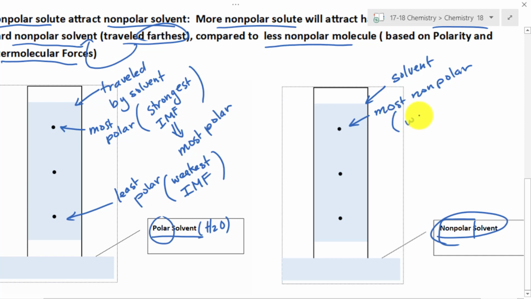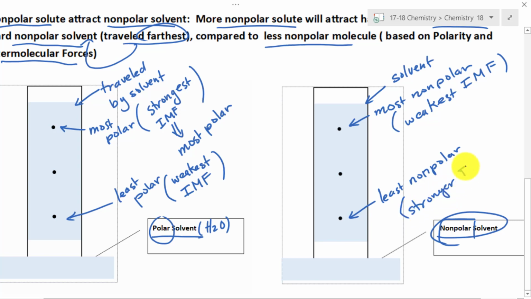That means this particular molecule would have the weakest intermolecular force. We remember we have that list of intermolecular forces up there, where down here would be the least nonpolar. What does that mean? This one would have stronger IMF, which is intermolecular force.